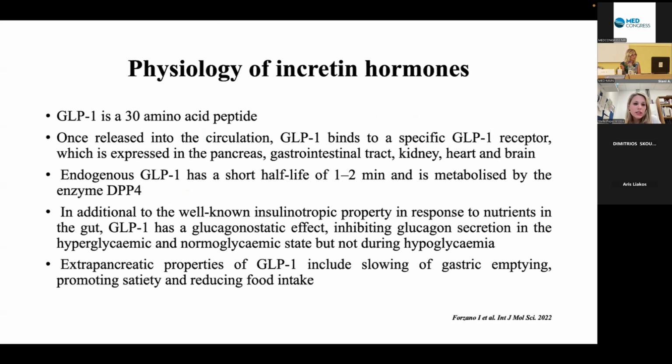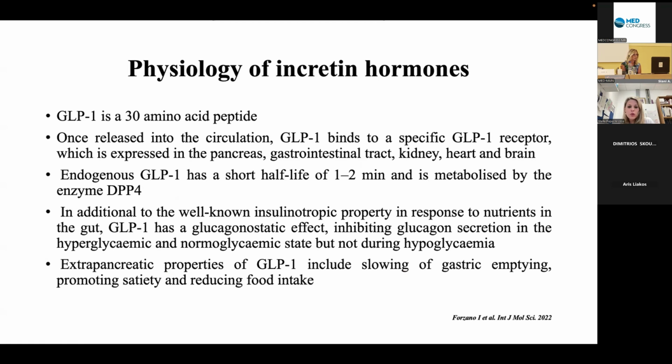GLP-1 is a 30 amino acid peptide, and once it is released into circulation, it binds to a specific GLP-1 receptor, which is expressed in the pancreas, gastrointestinal tract, kidney, heart, and brain. Endogenous GLP-1 has a short half-life of approximately 1 to 2 minutes and is metabolized by the enzyme DPP-4.